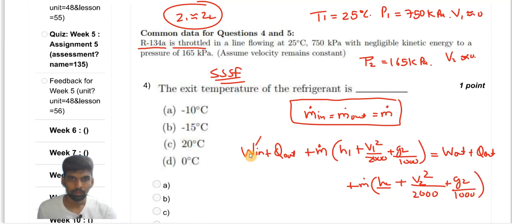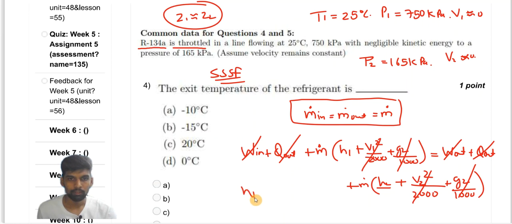So no work, no heat, because the throttling process is an adiabatic process, and no work transfer takes place during that process. Also, they have mentioned that negligible kinetic energy means V1 is 0, and velocity remains constant, so V1 will be equal to V2, and nothing is mentioned about potential energy, so we'll assume it as 0.